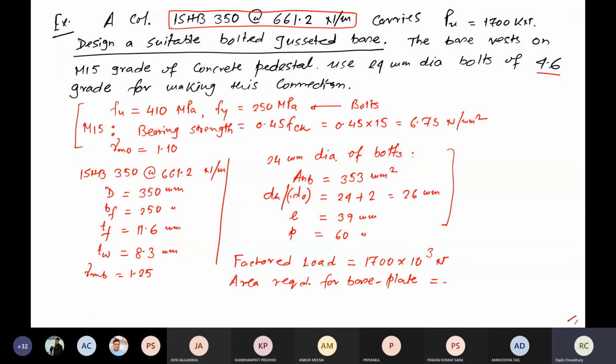It would be 1700 times 10 to the power 3 divided by 0.45 fck, that is 6.75. This area comes to 251.85 multiplied by 10 to the power 3 mm square.